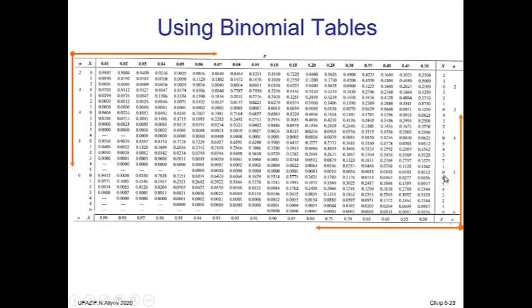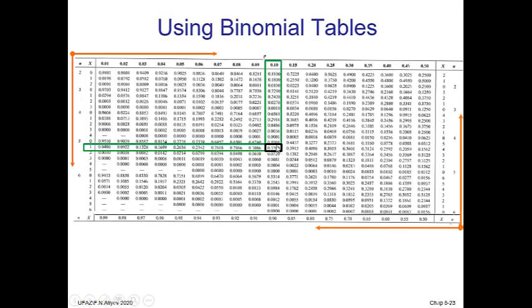Okay, now let's solve the previous question using this table. What was there? Number of trials 5, number of successes 1, probability of success 0.10, and in the intersection of it we obtain this number.